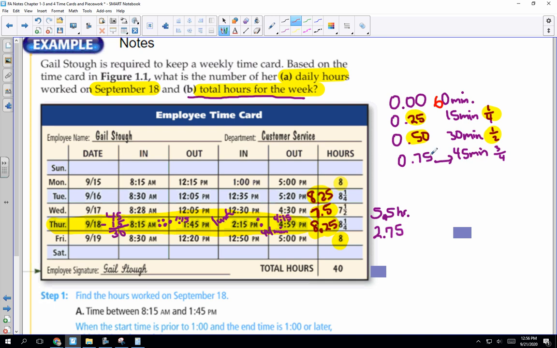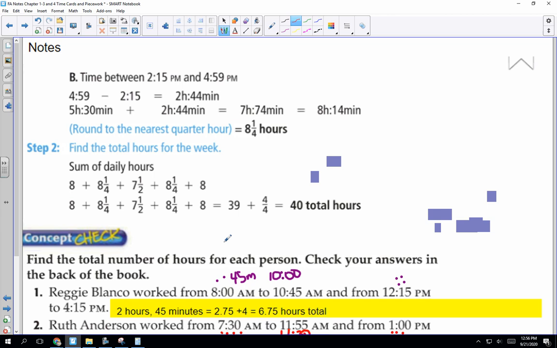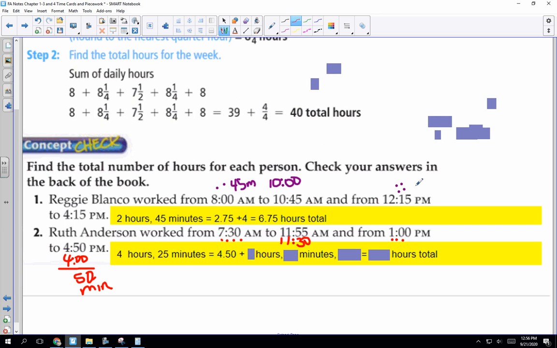So we're going to go 0.75. So that ends up being 3 hours, 50 minutes, or 3.75. So we're going to add the 4.5 plus the 3.75. Boom. And we get 8.25 hours total.